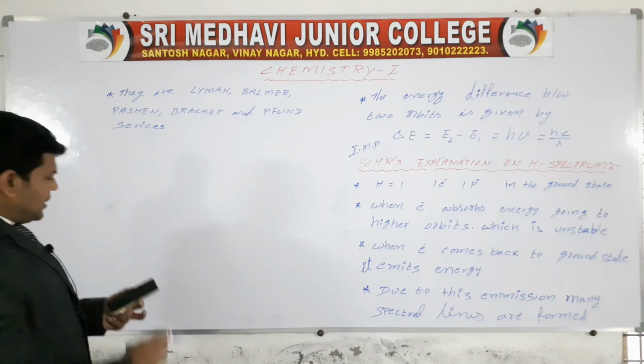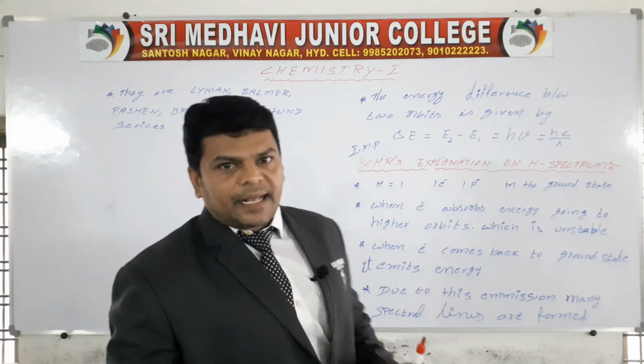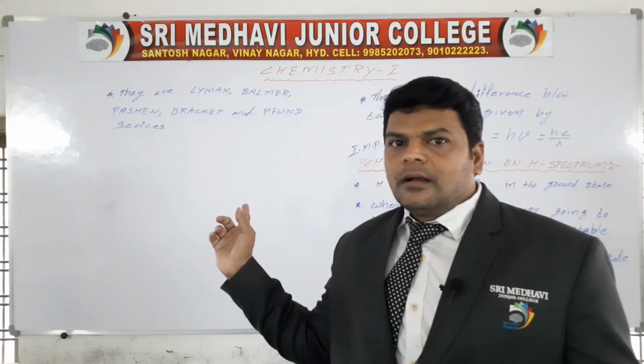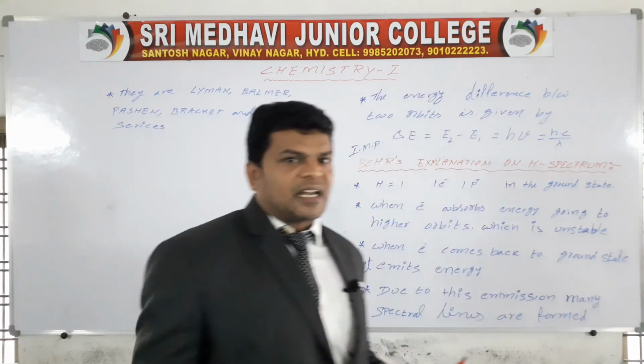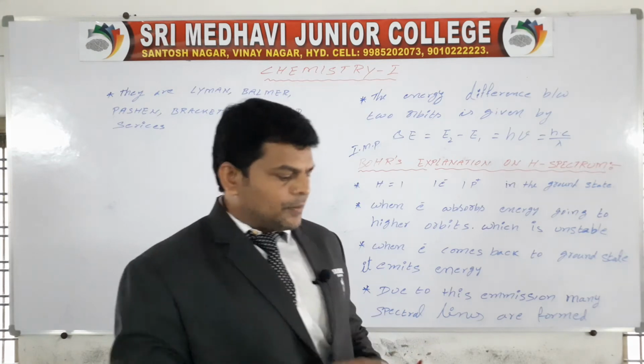Okay, now we are going to make a table with these spectral lines. What is the n1 value, what is the n2 value, and which region is obtained.